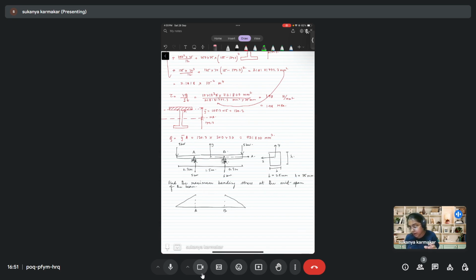In the overhang, the bending moment value will be 5 into 0.3, that is 1.5 kilonewton meter. Same on this side, 1.5 kilonewton meter.